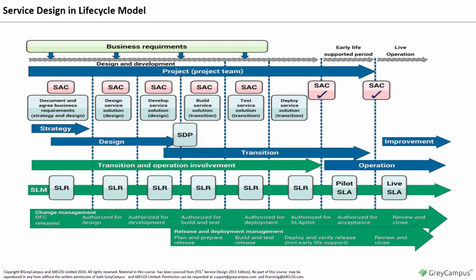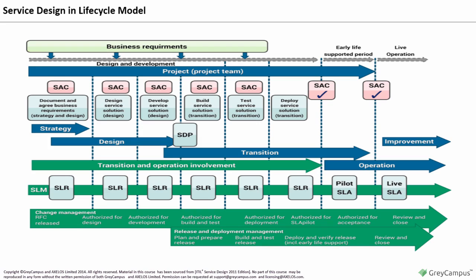The SDP goes into service transition as an input where testing and validation takes place, and it gets ready for the deployment transition. Once services are deployed, the early life support, ELS, period starts, and services, solutions, are turned over to the operations. Until services are deployed, SLM manages the service level requirements, SLR, and during the ELS period, a pilot SLA gets implemented and monitored.